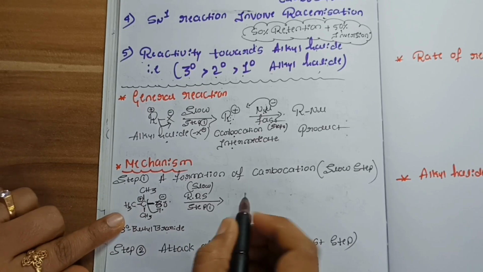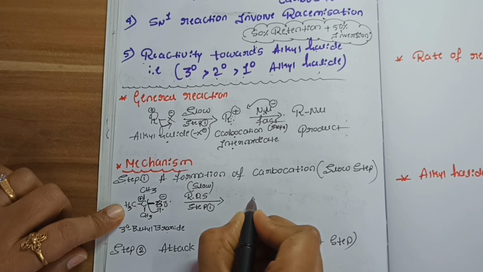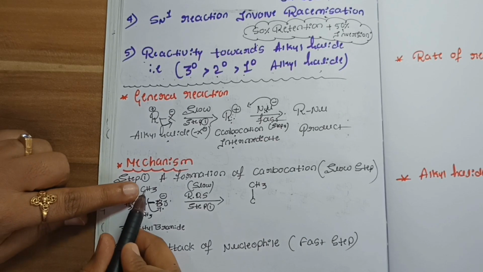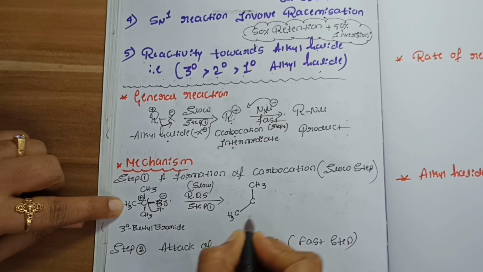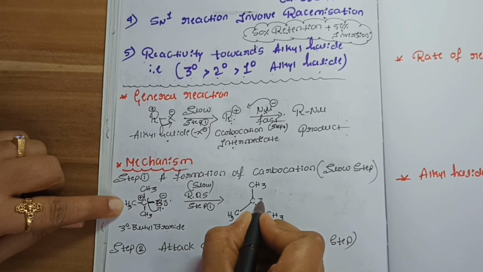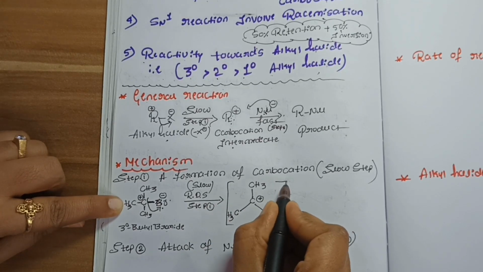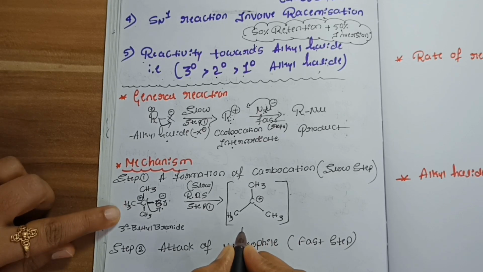Now I'll write the product. C attached with one methyl group, and here one more methyl group, and here one more methyl group, and on this carbon a positive charge. This we call an intermediate, or formation of carbocation.